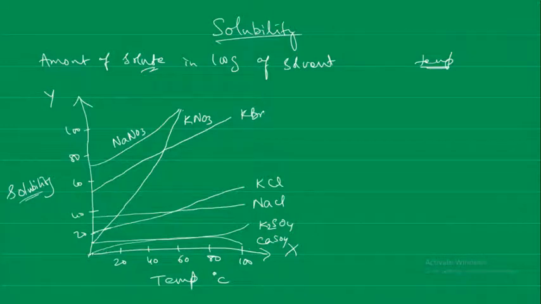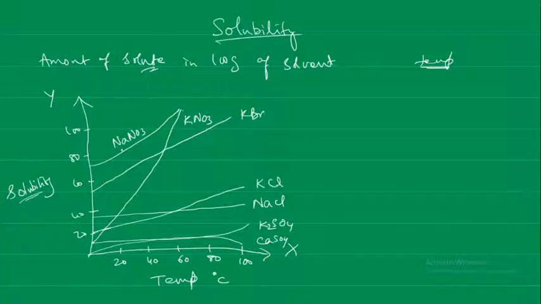But if you look at calcium chloride, it is anomalous. Okay, that is first it increases and then it decreases. Potassium nitrate, it is extraordinary, very less to almost reaches 60 degrees, it increases like anything. Okay, many fold increase in the solubility. So in this way, the different salts are behaving differently with respect to their solubility with the temperature change.